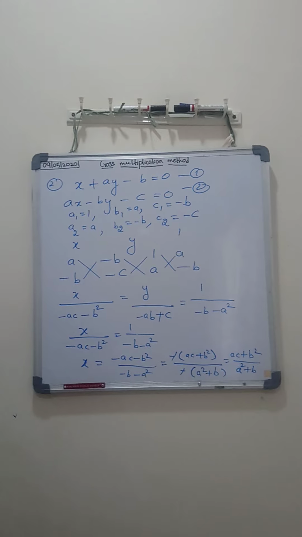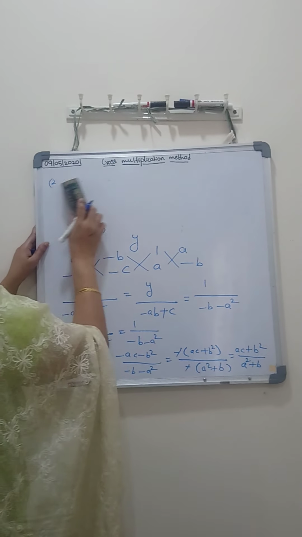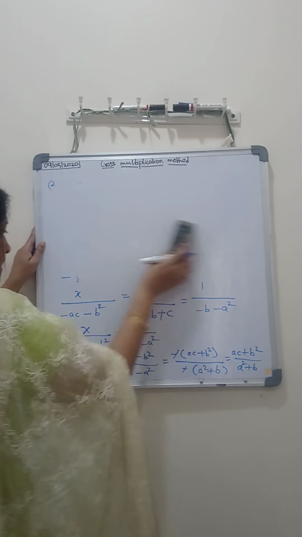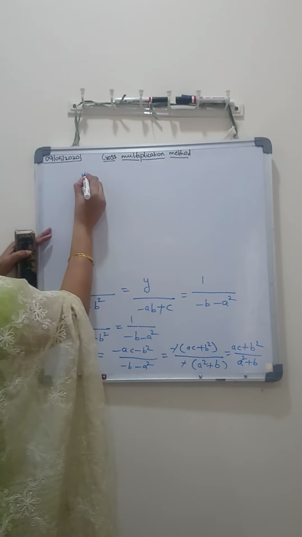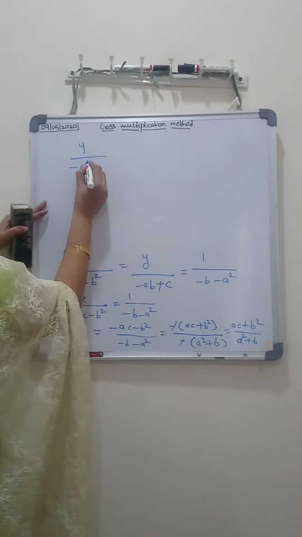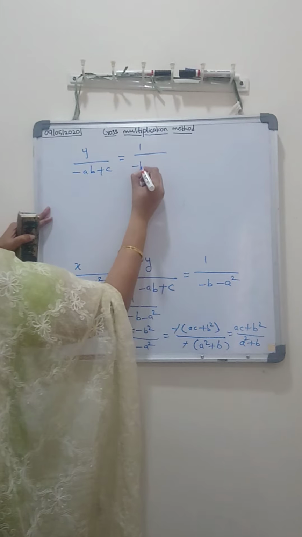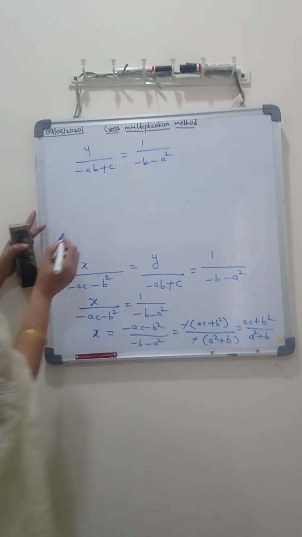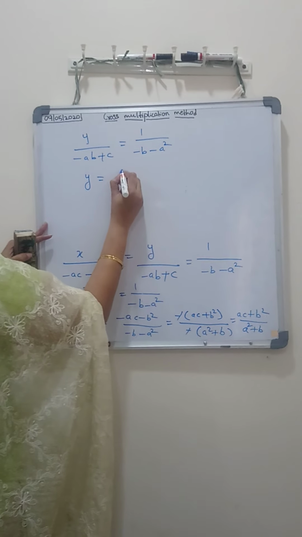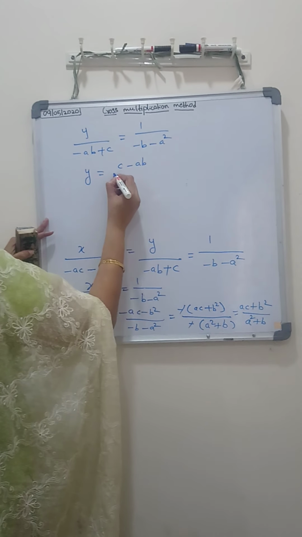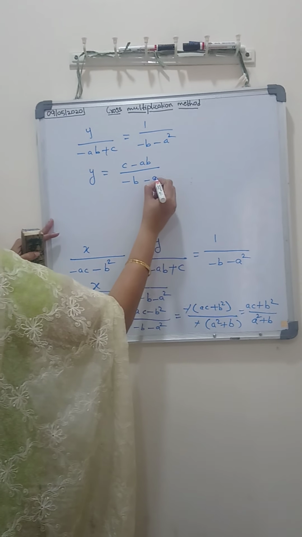Similarly, you equate y terms also like that. On equating y terms, y by minus ab plus c is equal to 1 by minus b minus a square. So the denominator term of y you send to the right hand side, you will get c minus ab by minus b minus a square.